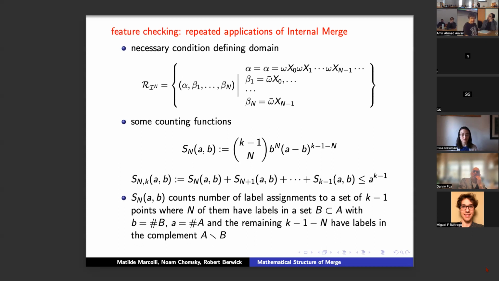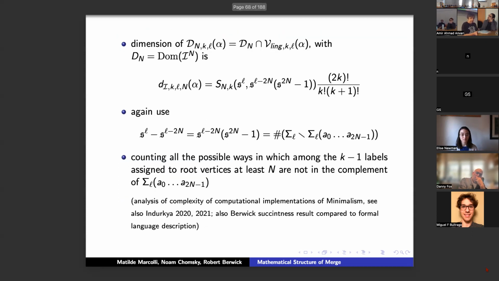The point is that the gap between the dimension of everything that you have and the dimension of what you're looking for grows very rapidly with every iteration.